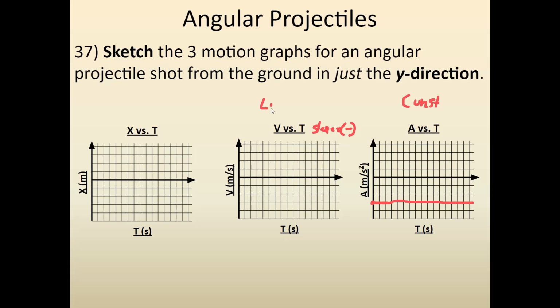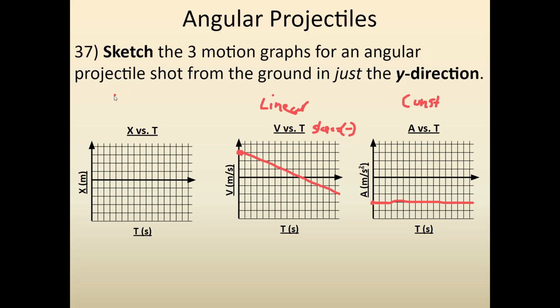So this is going to be a linear graph. In this problem, it's being shot from the ground, so it's got to go up. So it's going to start with some positive initial velocity, and then it's going to have a negative slope. So I'm just going to draw a line that goes down. And that makes sense because eventually it has to go to 0 and then it has to come down. So that's what this graph is saying.